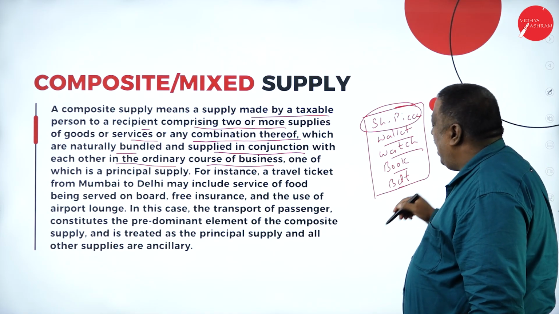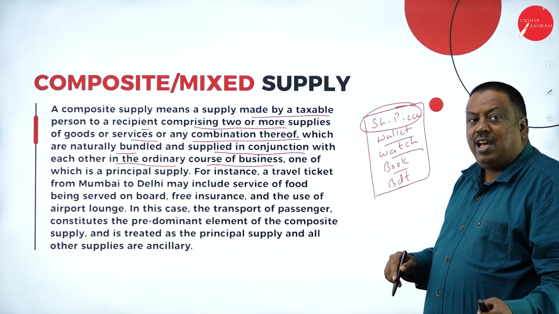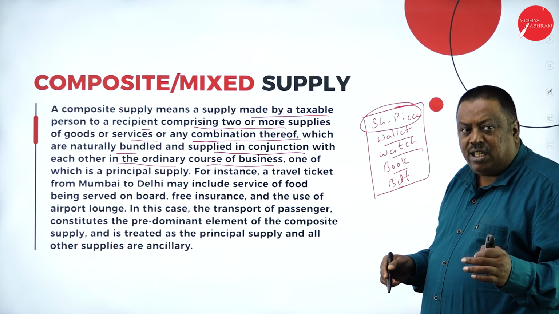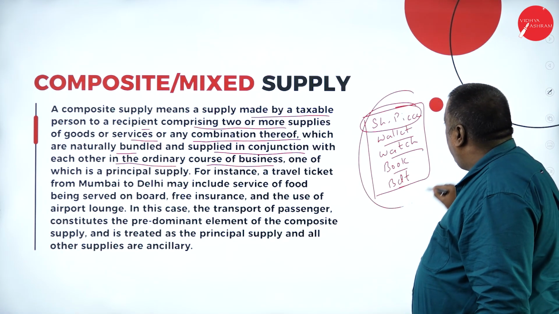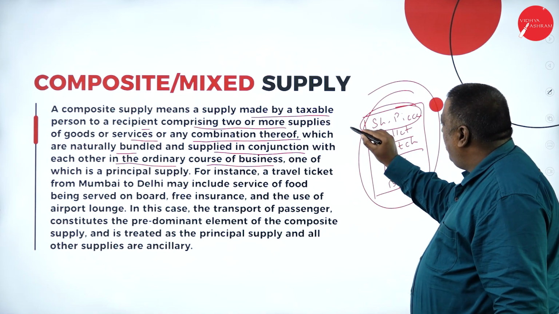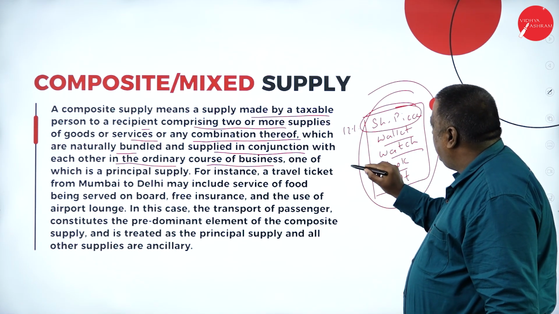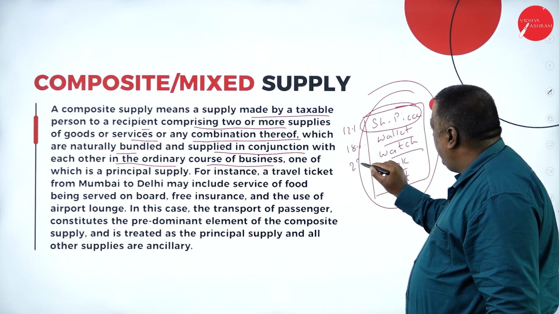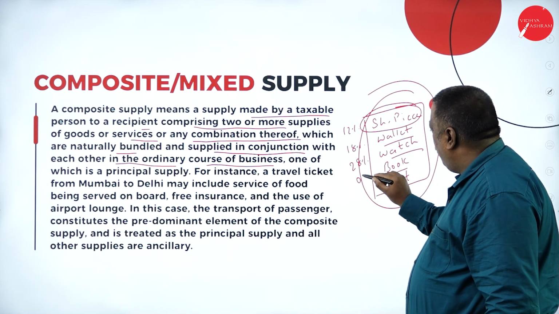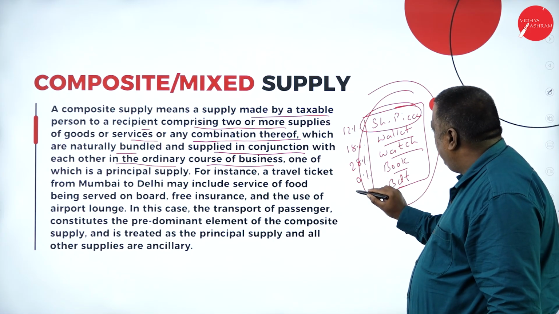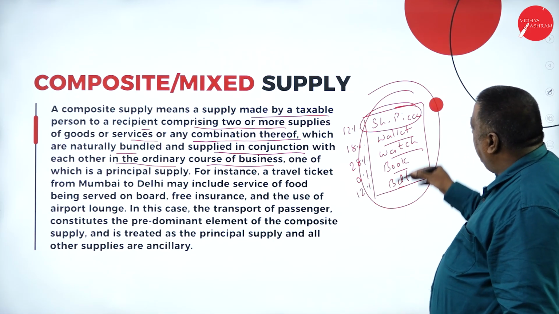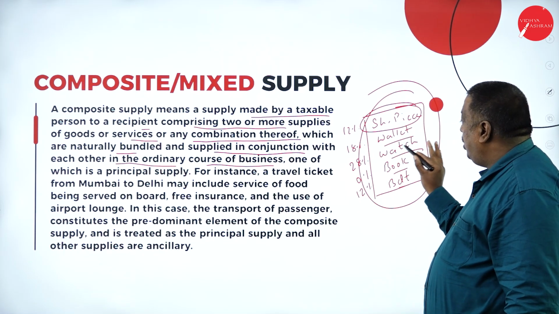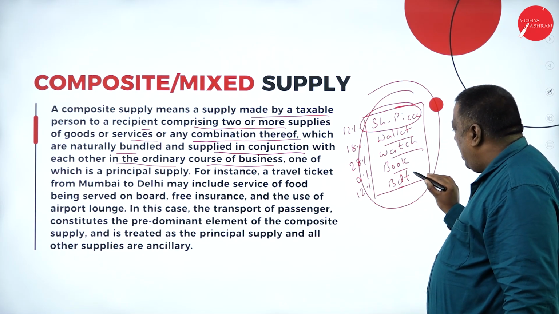Each one of them has a different GST rate here. In this concept, whichever attracts the highest rate of GST, that is applicable for the entire composite supply. For example, shirt piece we have 12%, wallet 18%, watch 28%, book 0% and belt 12%.